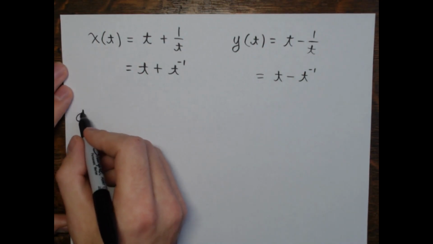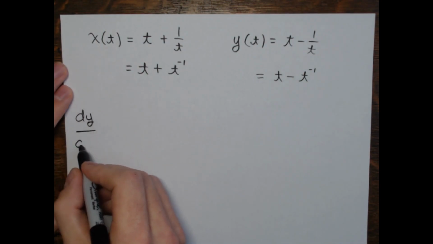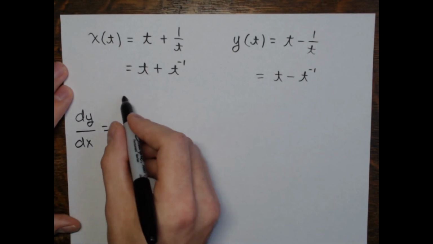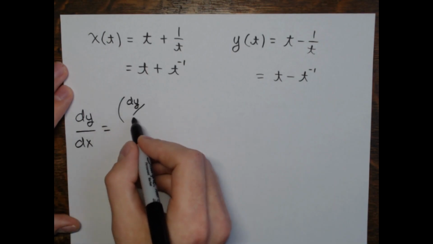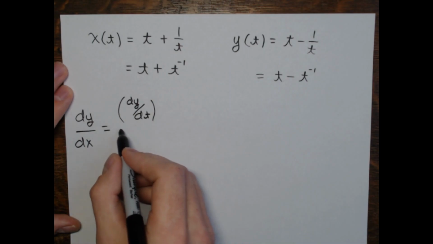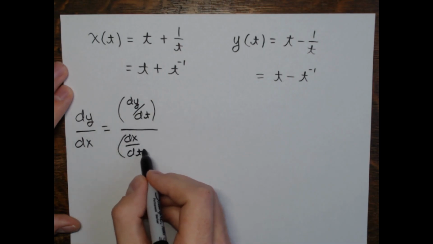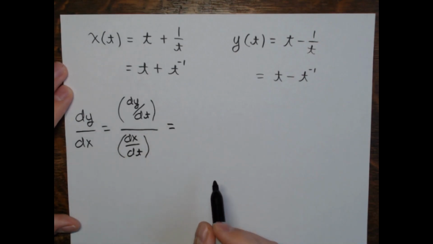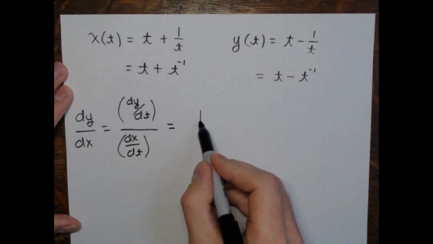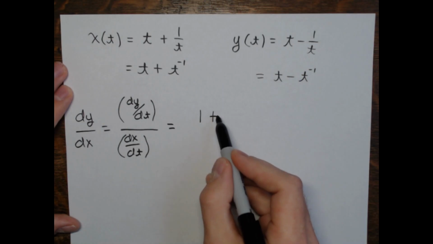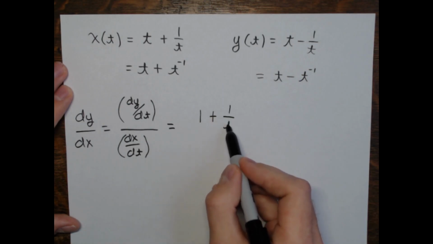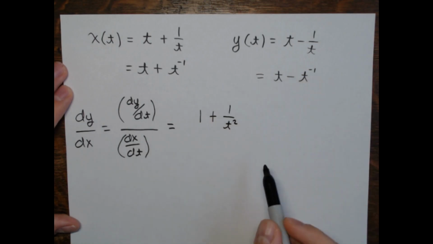All right, so we're doing, I'll write this all the time, dy/dx. You do dy/dt divided by dx/dt. So dy/dt would be 1 plus 1 over t squared, t to the negative second.